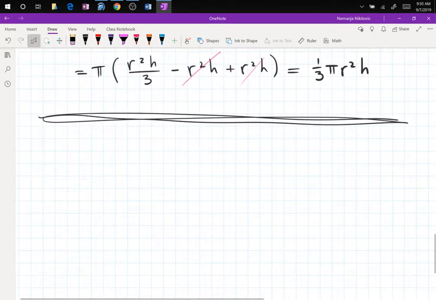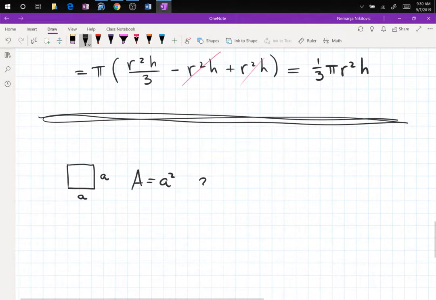The other way I can explain that is to show you the square, and the square has a and a as its length and width, and the area of the square becomes a squared. That's still 2D, it's area, but you only have a in it. You don't have a and b. You have a and a.